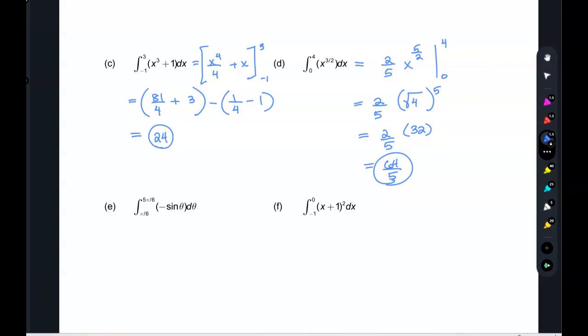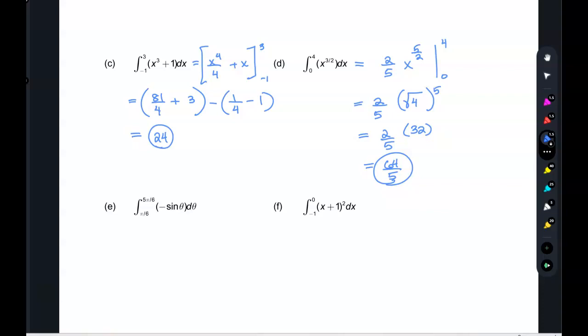Wait, what's x to the 5 halves? 64. Is it 64? Yeah. 24 is the same. Square root of x to the fifth for D. 2/5 x to the 5 halves. Yeah, that's square root of x.